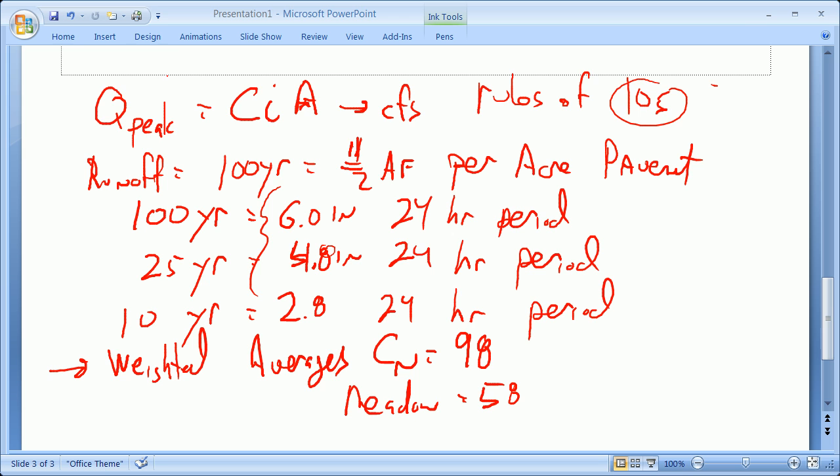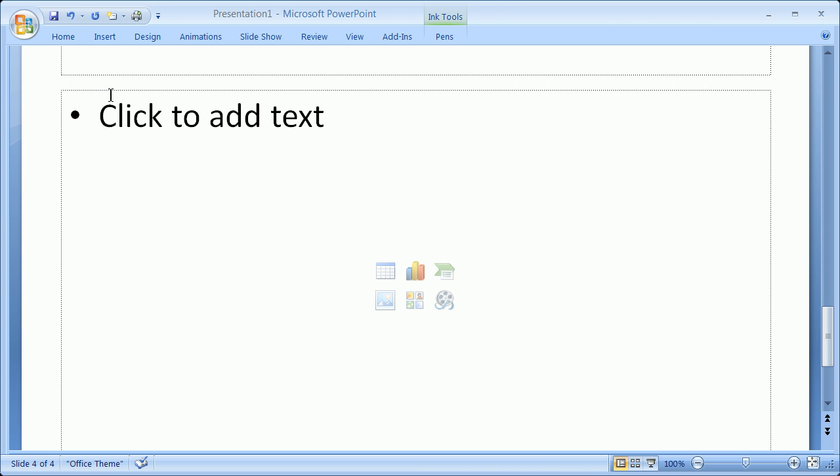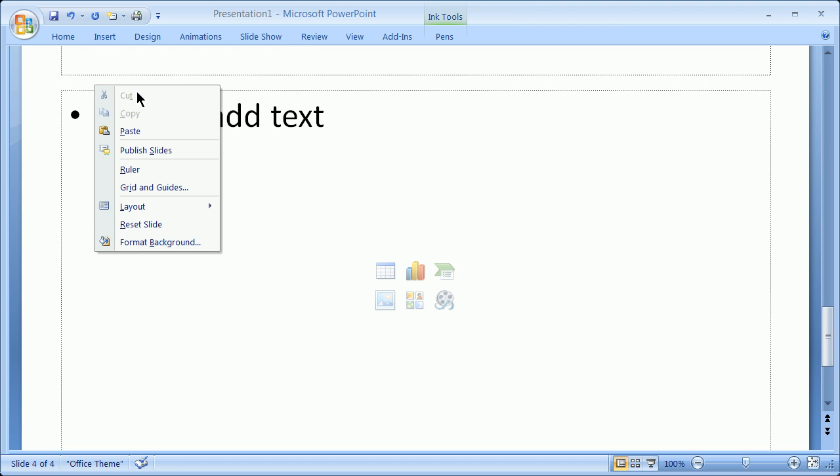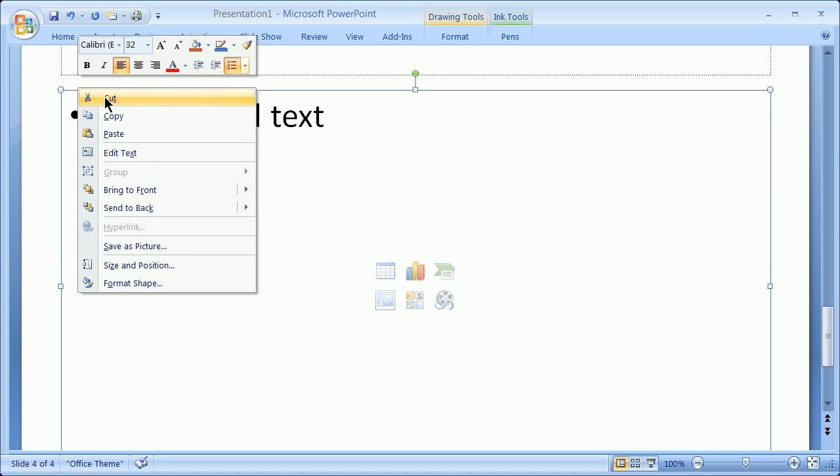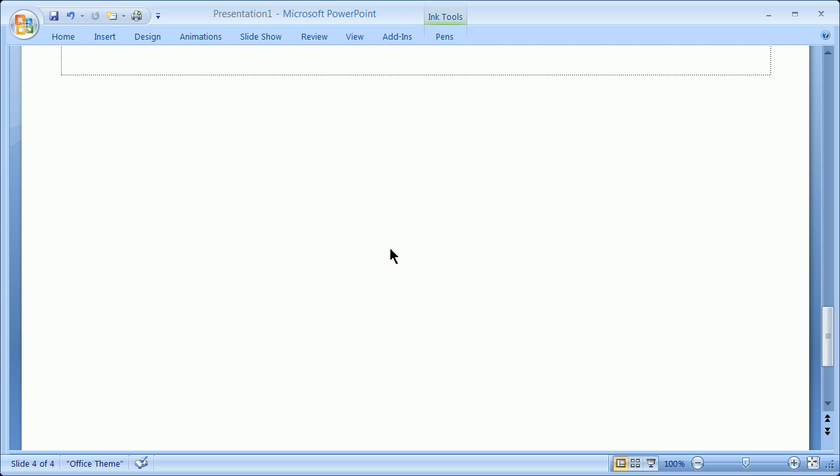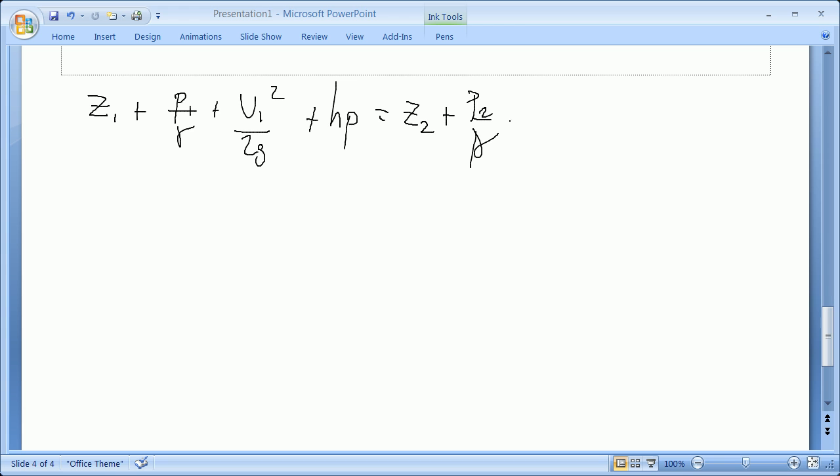All right. We talked then about Bernoulli's equation. Okay, and Bernoulli's equation, by rote, at the very least, we know that the elevation energy per pound of material plus the pressure energy per pound of material plus the velocity energy per pound of material plus any head in the pump is going to equal, at a second point, the elevation energy per pound of material plus the pressure energy per pound of material plus the velocity energy per pound of material plus any head loss that has occurred through there.